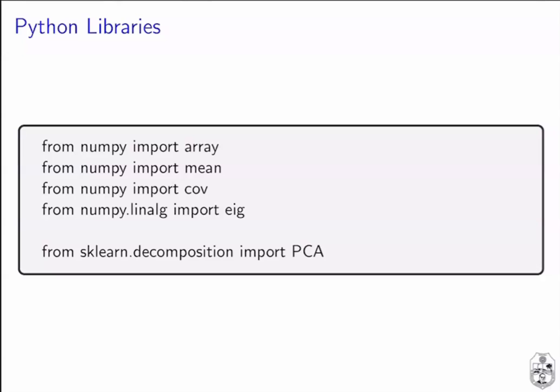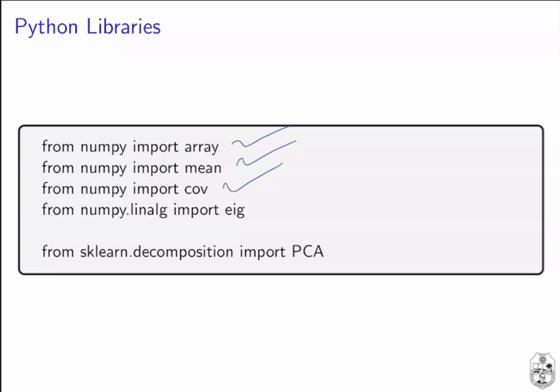Now we are going to use Python libraries to find the covariance matrix and to find the eigenvalues and the eigenvectors. We are not calculating it manually, but we are making use of the mathematical libraries provided by programming languages like R or Python. If you are using Python, then you need to import libraries like array, mean, covariance, and eig, which stands for eigen.